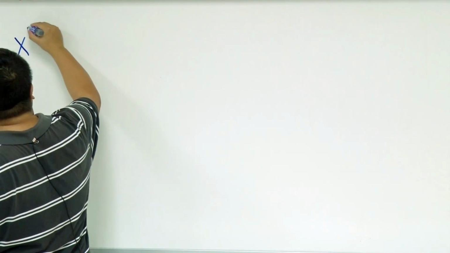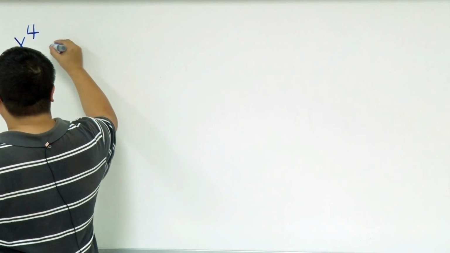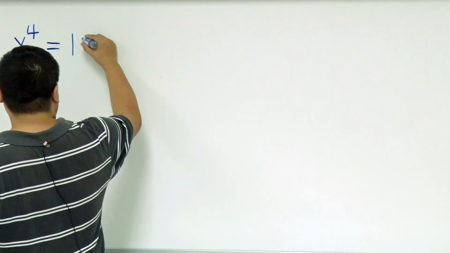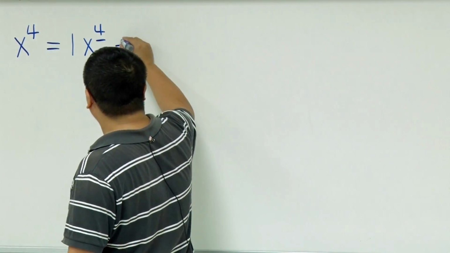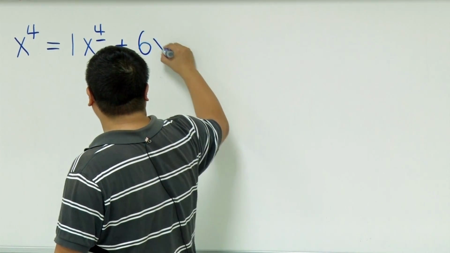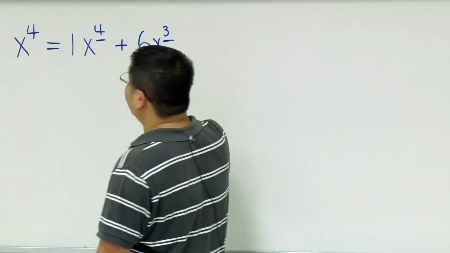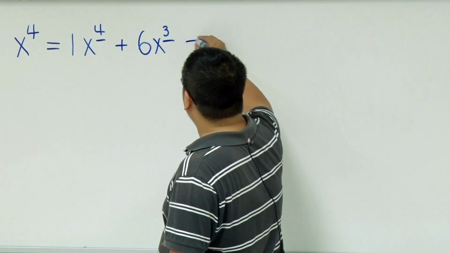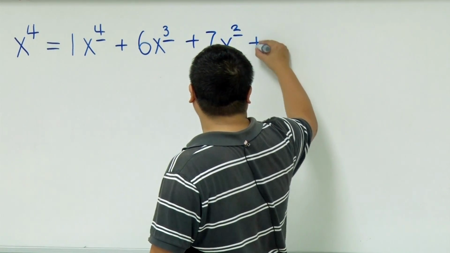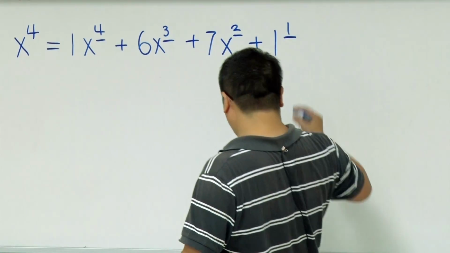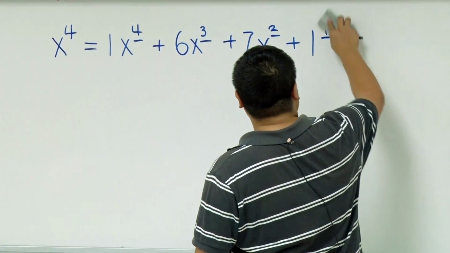So for x to the power 4, we have this one: x to the power 4 is equal to 1 times x to the power 4 falling plus 6 times x to the power 3 falling. Is that okay? Plus 7 times x to the power 2 falling plus 1 times x to the power 1 falling.